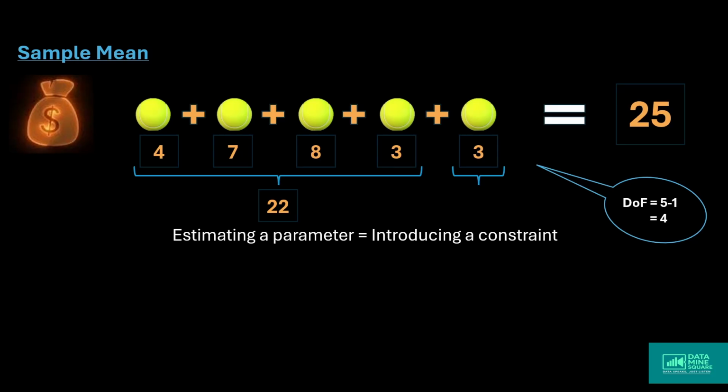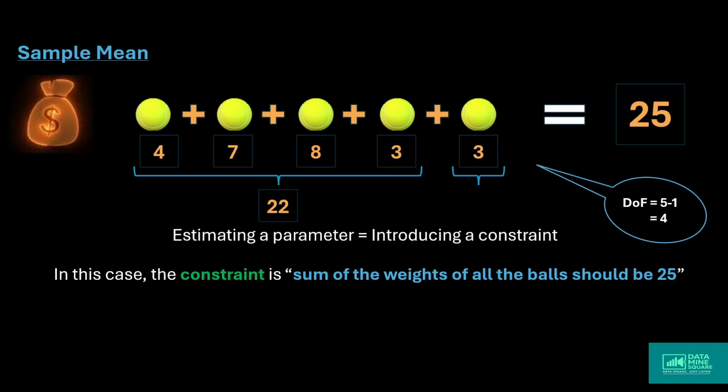Why did it happen? Because in this data set, we are estimating a parameter called sample mean, that is 5 kg. And whenever we estimate a parameter, we impose a rule on the data, we impose a constraint over the data, and the constraint over here is that the sum of the weights of all the balls should be 25 kg.